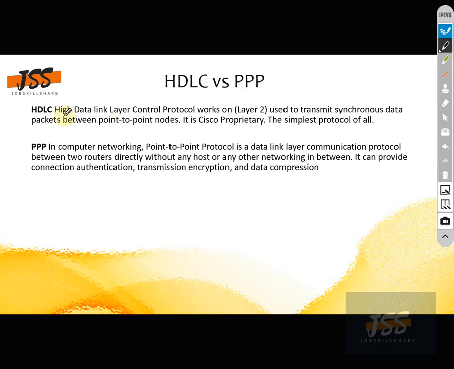Just for the definition, HDLC is High-Level Data Link Control protocol, works at layer 2, and is used to transmit synchronous data packets between point-to-point nodes. It is Cisco proprietary, but this is the simplest of all protocols. This is by default. When you connect two Cisco devices or routers together, HDLC will be enabled by default.